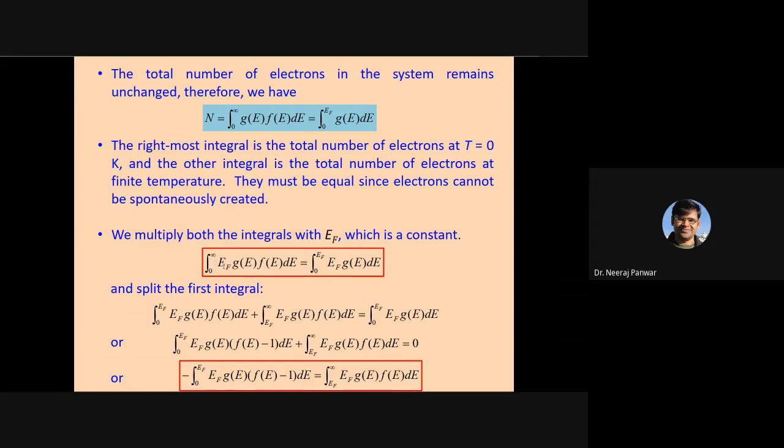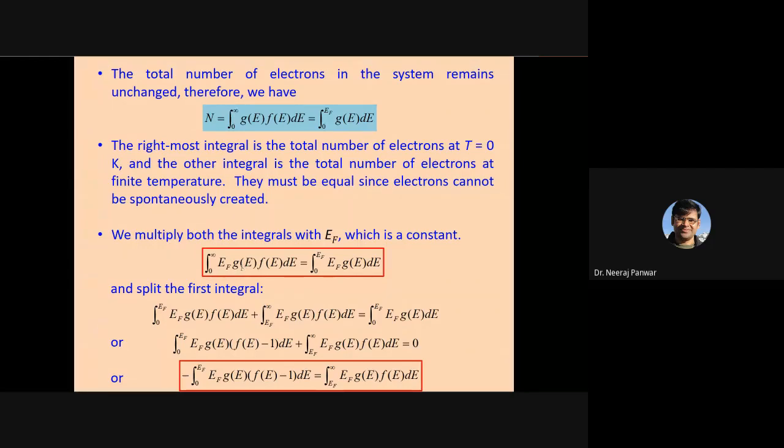Integral 0 to infinity EF g(E) f(E) dE would be equal to integral 0 to EF EF g(E) dE. Now we can split this integral on the left hand side. It has limit from 0 to infinity. We can break it into two parts. One integral has limit from 0 to EF, and other integral will have limit from EF to infinity.